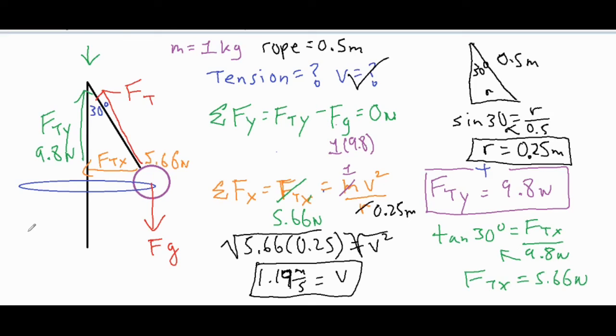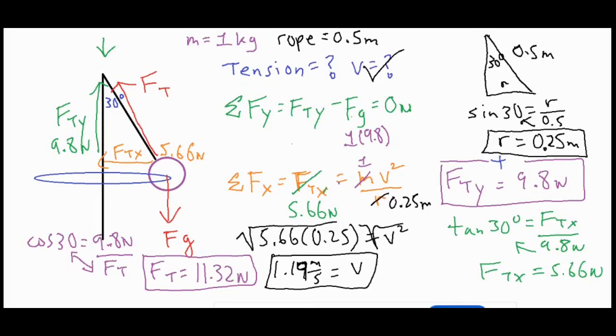So let's go ahead and use cosine, but as I said before, it doesn't really matter. Cosine of 30 degrees equals the adjacent side, which is the 9.8 newtons, over the hypotenuse, which is the FT. And then we're going to go ahead and cross multiply these two. And that would leave us with a final tension of 11.32 newtons.